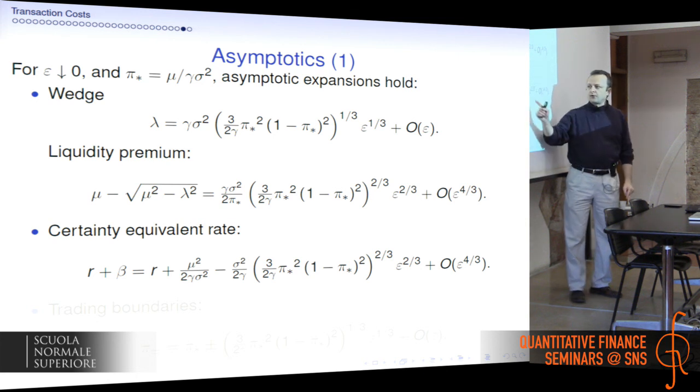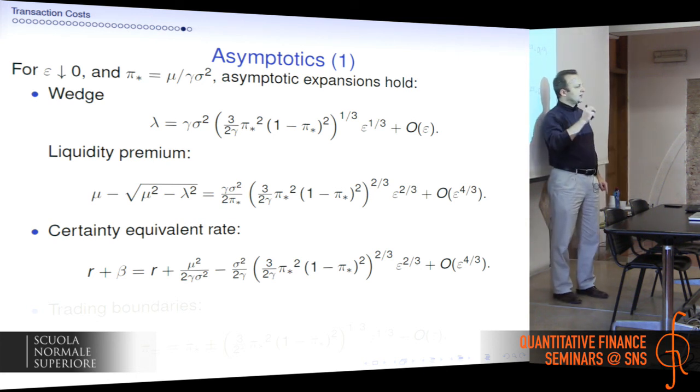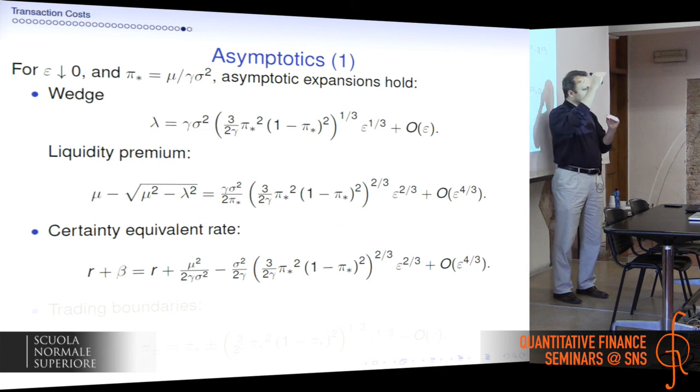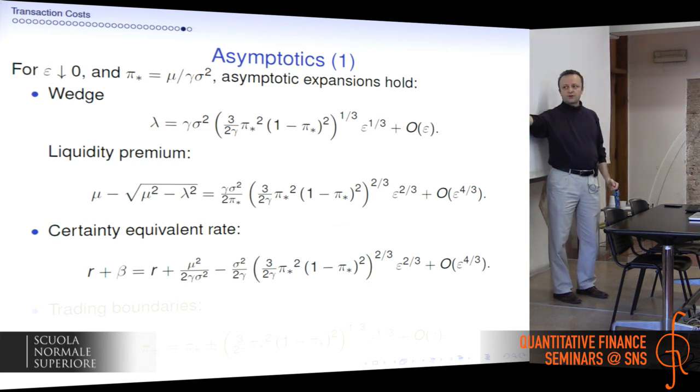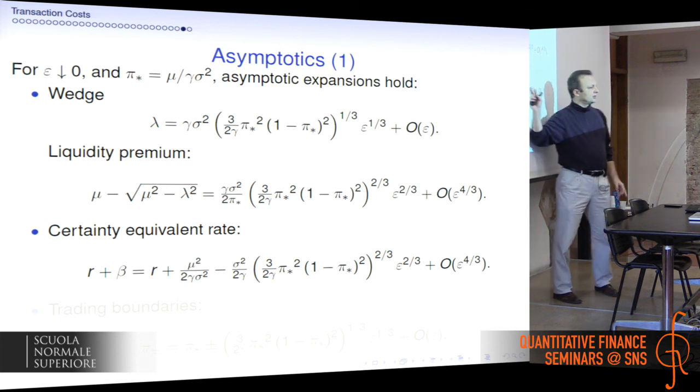So if you look at what is happening when pi becomes really large, for example, when gamma is really low, then you will want to be leveraged, so pi will be above 1. And if pi is above 1, you see that this is rising quite quickly. In fact, it is of the order of pi squared. So the more leveraged you are, the more you're going to trade. The more you trade, the more transaction costs are going to hurt you.